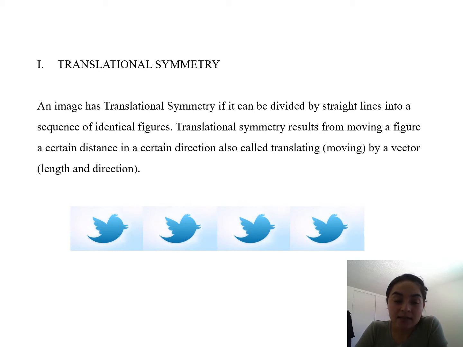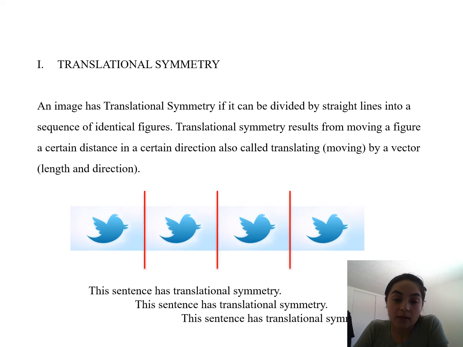So we get the exact same image repeated along a different position. We see this repetition of images with the birds, and it's the exact same image, but just moved along a different direction and different lengths.